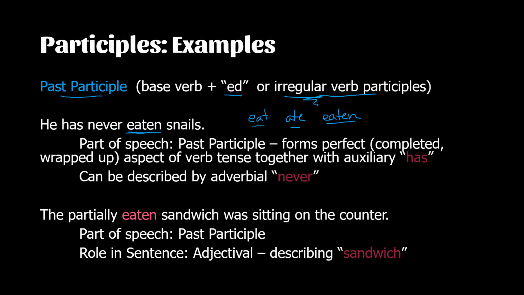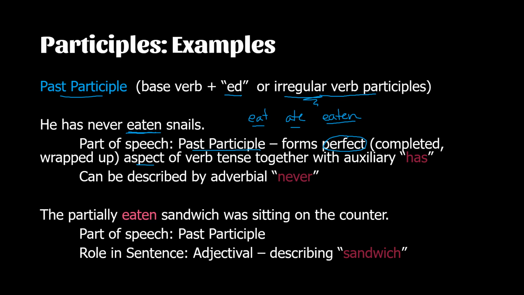In this sentence, it is the past participle, and it is called the perfect aspect of the verb tense. By perfect doesn't mean that there's no mistakes, but perfect has the sensation that the activity is complete or about to be completed.